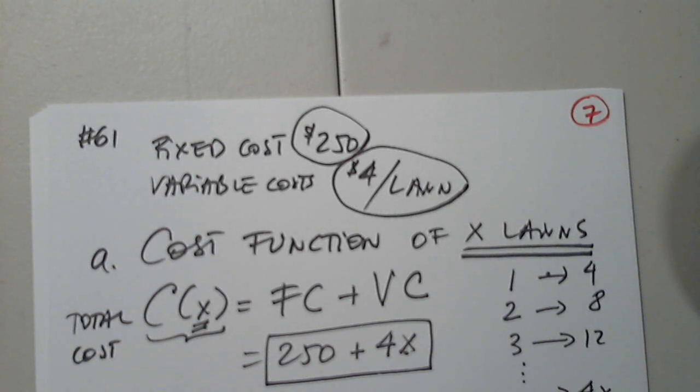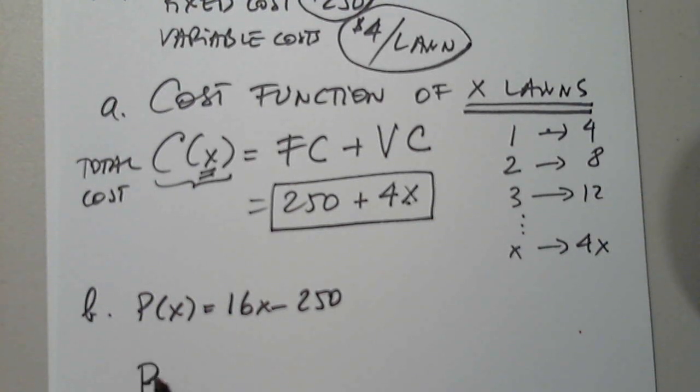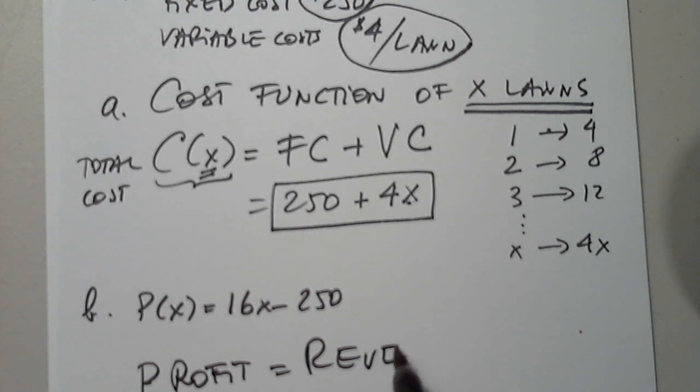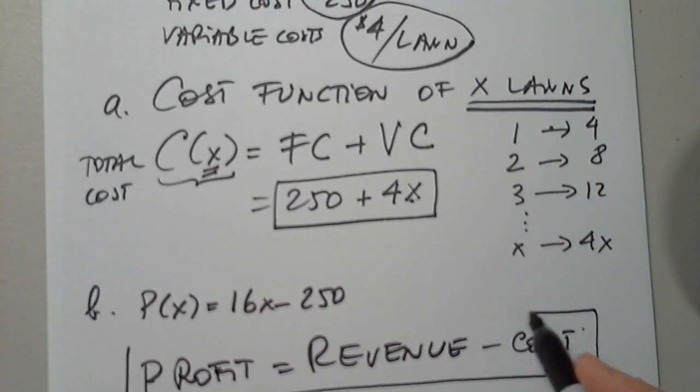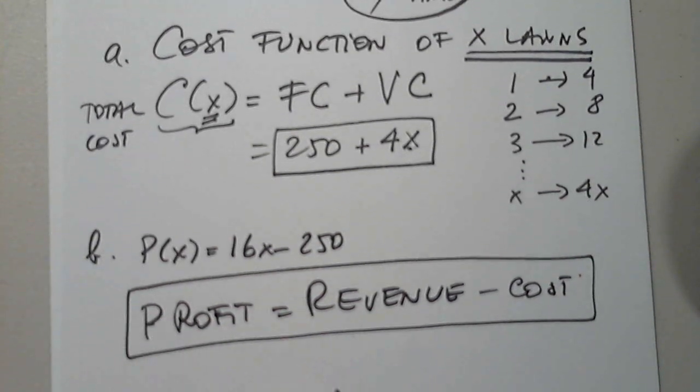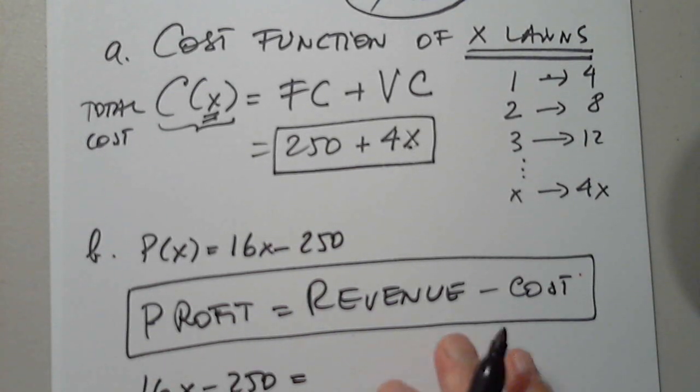Okay, so first of all, we have to remember that the profit equals revenue minus total cost. He determined his profit function. I'm just going to replace it here. 16x minus 250.